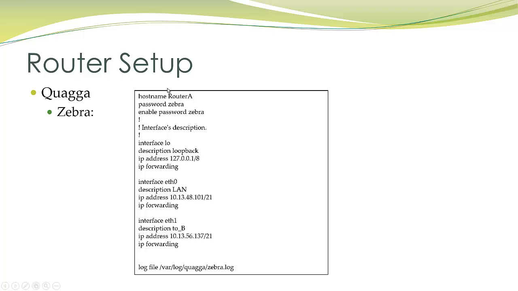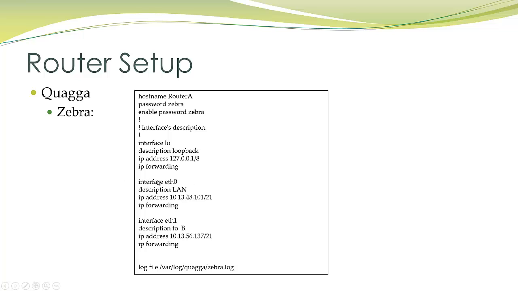For Zebra, we have this router table setup script. The first line and this line specify the interfaces we use in our system. The interface lo, which represents loopback, we can just ignore because we didn't use loopback. And the interface eth0 is the network card we have installed on this virtual machine, not the server.